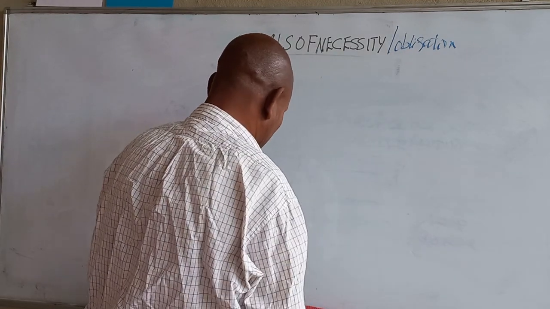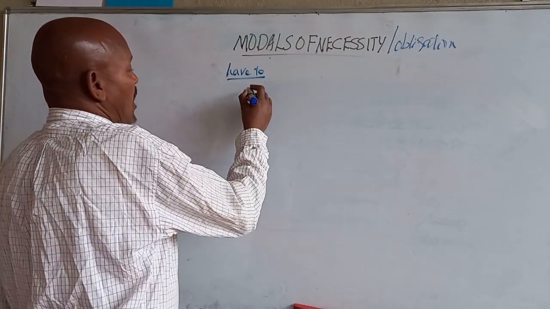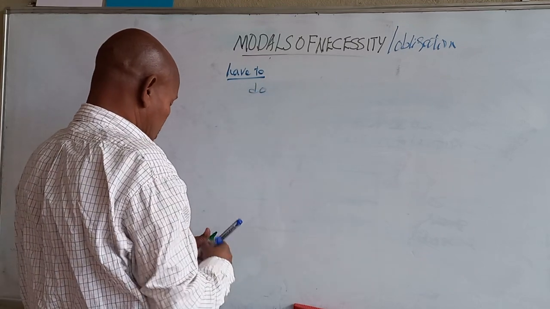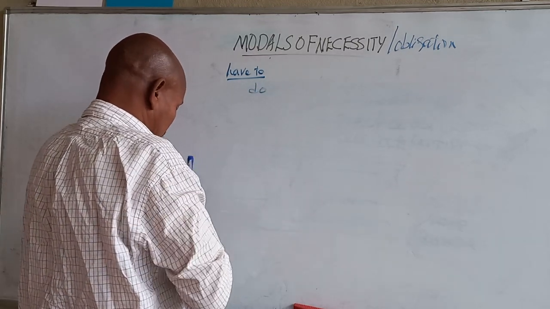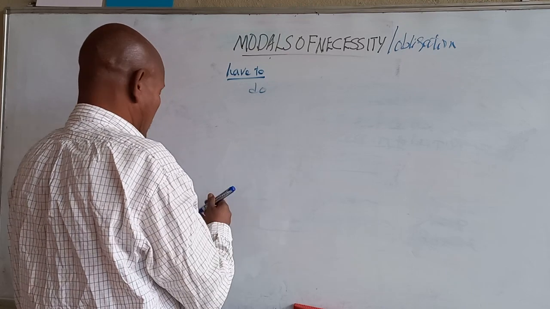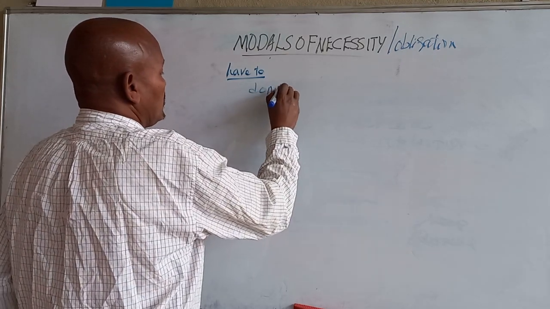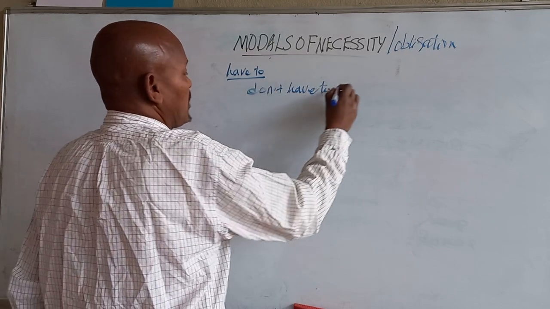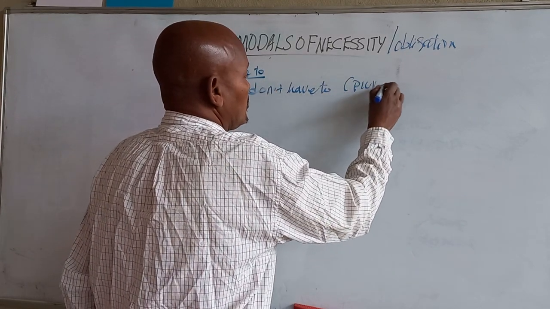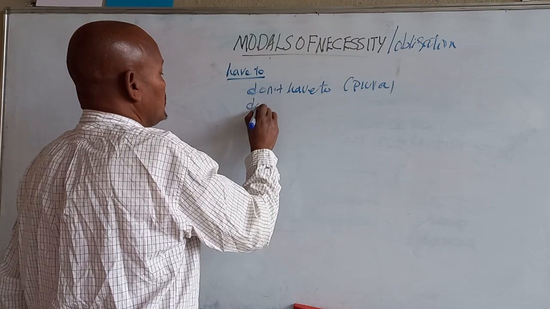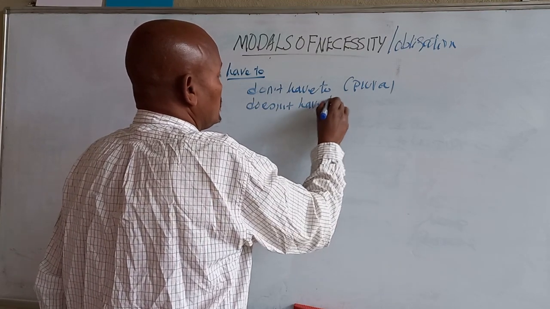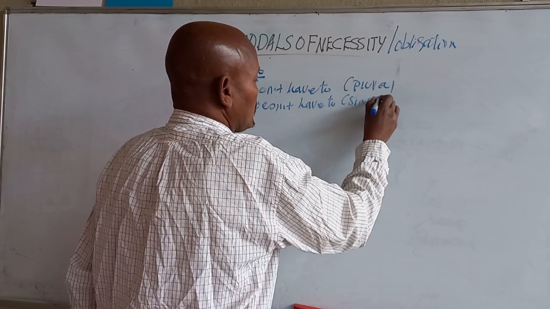Let's pass to the next one: don't have to. Don't have to is plural, and doesn't have to is singular.